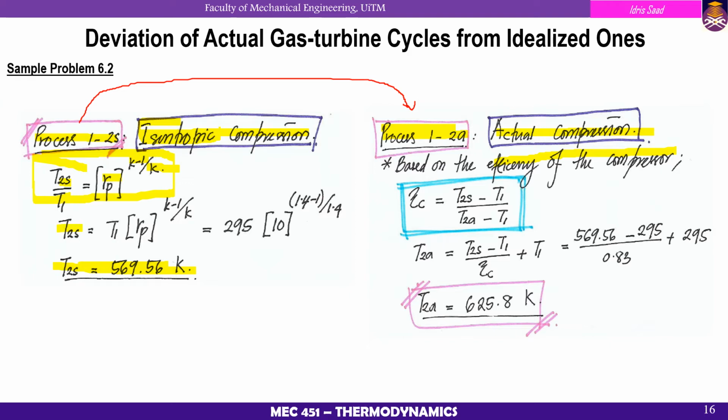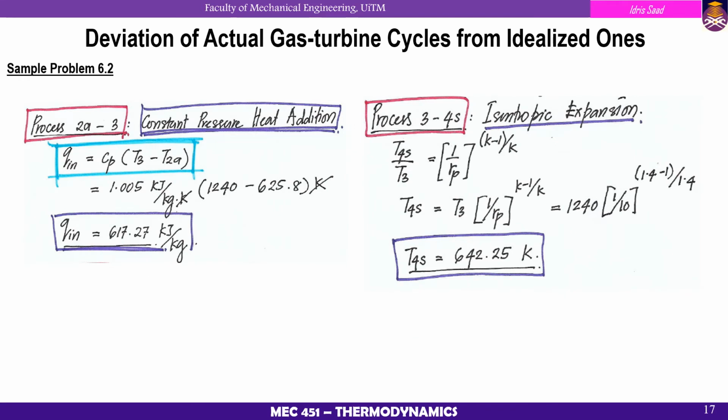Compressor efficiency is equal to (T2S minus T1) over (T2A minus T1). Then we rearrange for T2A, put in all the required information, and we get T2A equal to 625.8 Kelvin. So this is how we calculate the temperature at the actual state of the compressor.